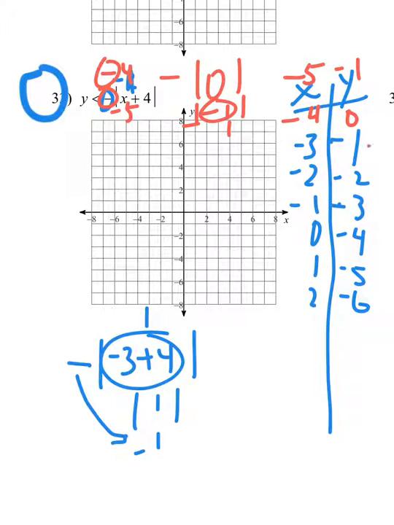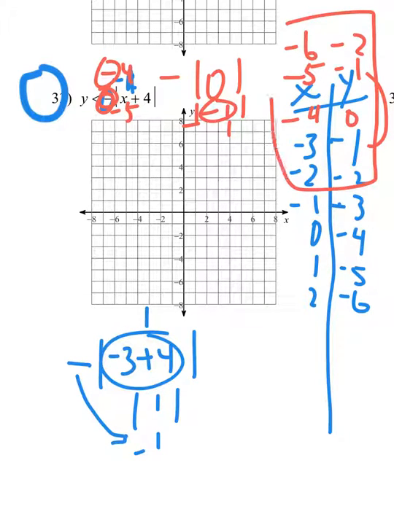Okay, if you notice, this is where we're starting to get those repeats, so it's starting to V. -6 plus 4 is -2. Absolute value of -2 is 2. This throws the negative sign back out in front, so it's -2. So we're really looking at these five values to get good points to plot for our V-shaped figure here. Okay, and if we plot -6, -2, we're right there. -5, -1, -4, 0.